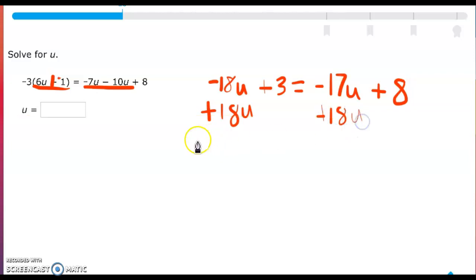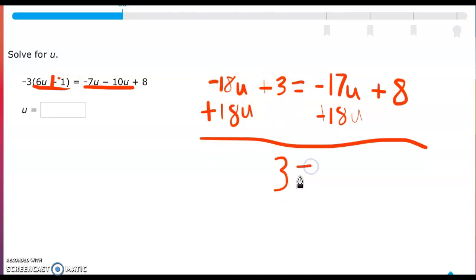See, I told you my writing on my computer is not as fun. This creates a 0. So then I just bring down my 3 equals -17u plus 18u gives me 1u, or I could just write u, plus 8.